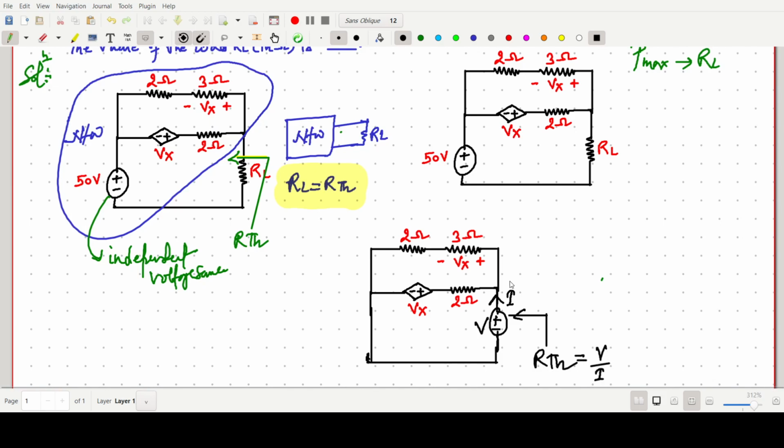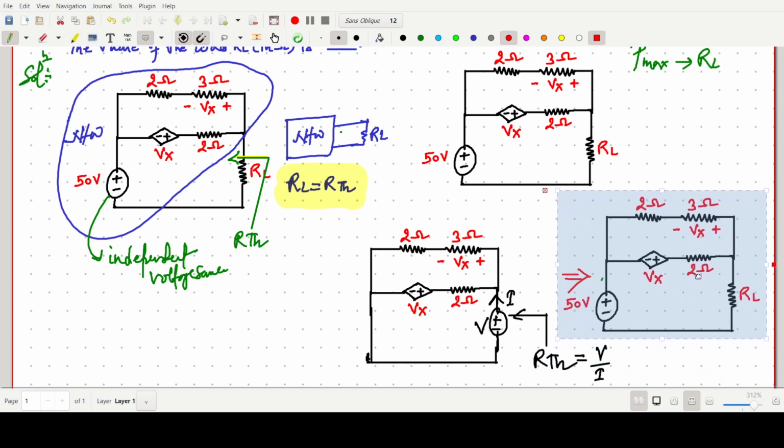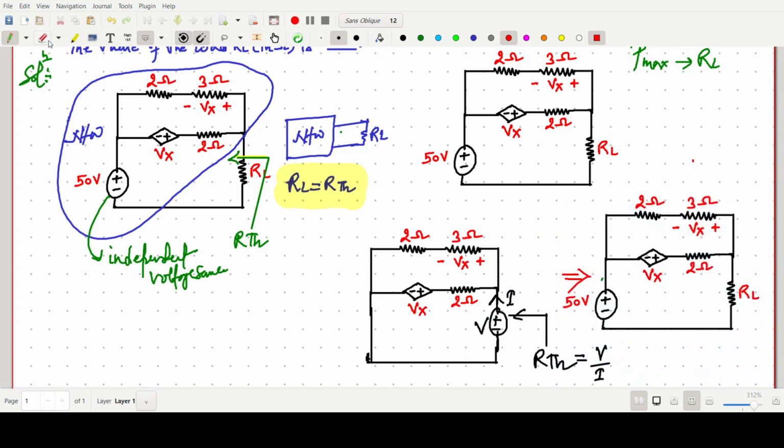So in such a situation, if a dependent voltage source is there, we have to put a voltage source and current here, and find the RThevenin, that is our V by I. Here we can observe that the 2 and 3 ohm are in series, so they can be clubbed together as a series resistance of 5 ohm.